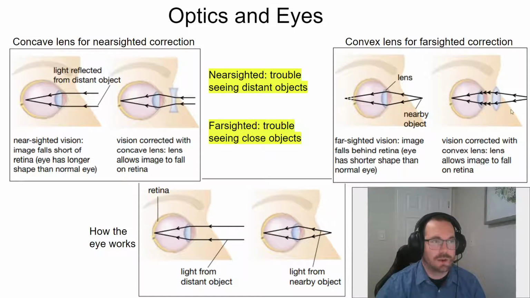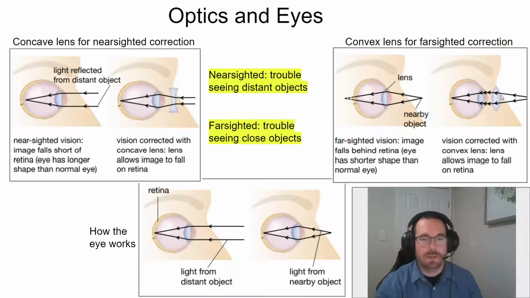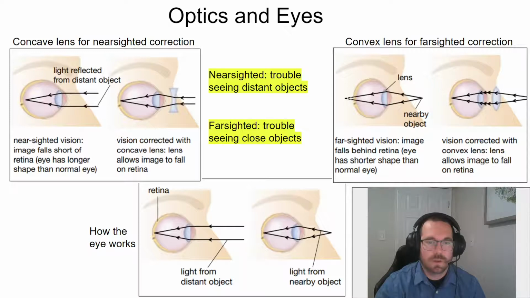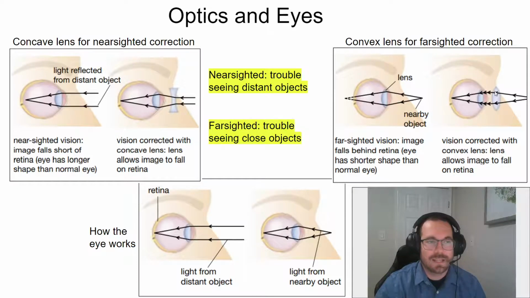Convex lenses is the one on the right, the ones that bubble out in the middle or that are wider in the middle, in order to help people who are farsighted to be able to correct their vision. And what it does is the light, as it comes in, it has another refraction point. So it redirects the light slightly so that once it's redirected by our eye, then it hits the proper spot it's supposed to on the retina.